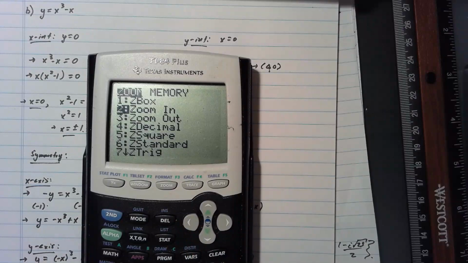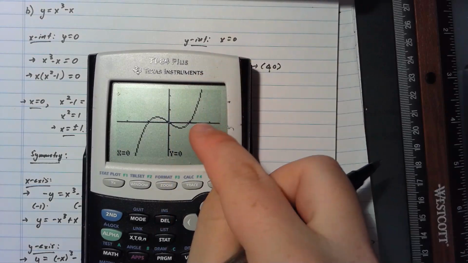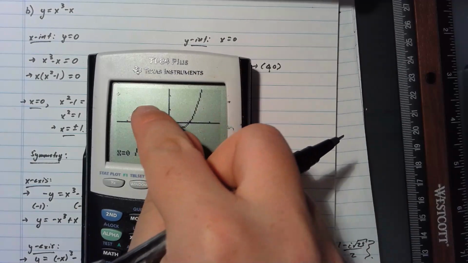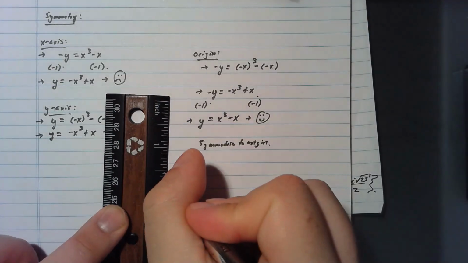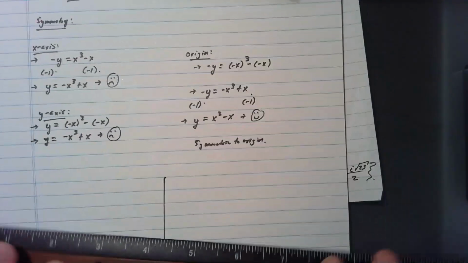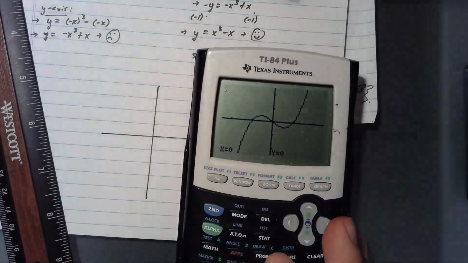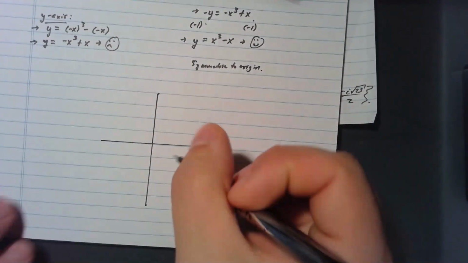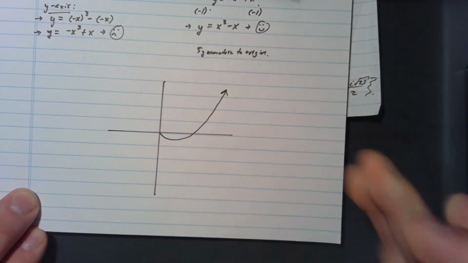So if I zoom in a little bit, you can see how it is symmetric. What that means is you could fold it this way and then fold it that way, and you'll get that. If I were to do this on paper, part of the graph is here, right? It's doing that.